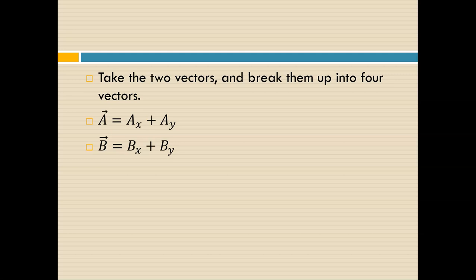Okay? Now all I need to do is take A plus B. Well, if I take A plus B and then I do the substitutions, then I end up getting AX plus AY plus BX plus BY. So as you can see, we start off with those 2 vectors. We're going to end up with 4 vectors. But we know the directions for each of those vectors.